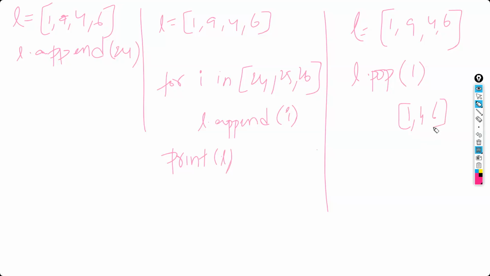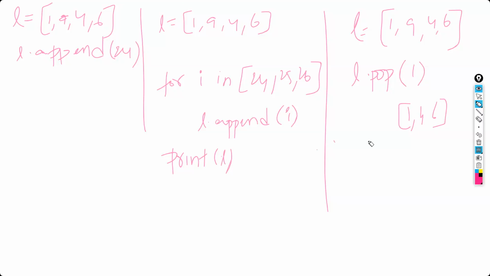Now I want to remove 1 and 6, both of them, by using pop only. Then what you are going to use? For loop. One more time, for loop.